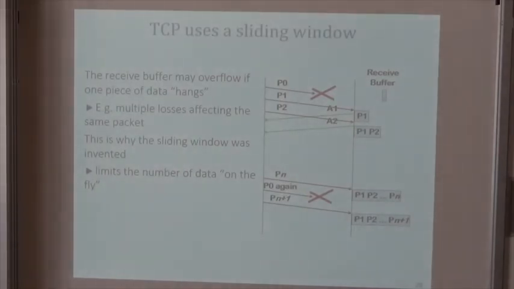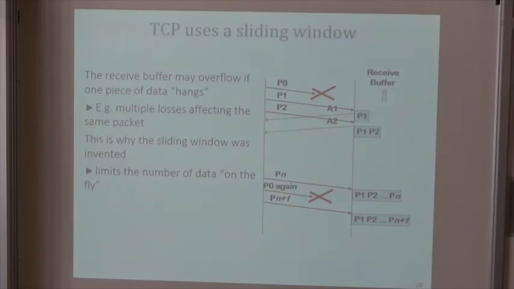So bad luck, you transmit P0, it's lost. You continue sending a number of packets, then you retransmit P0, it's lost again, etc. What will happen if you do nothing? Then you have to store in the resequencing buffer all the data that has been received, P1, P2, etc., Pn plus 1, because you cannot deliver them, because they are out of sequence, P0 is missing.